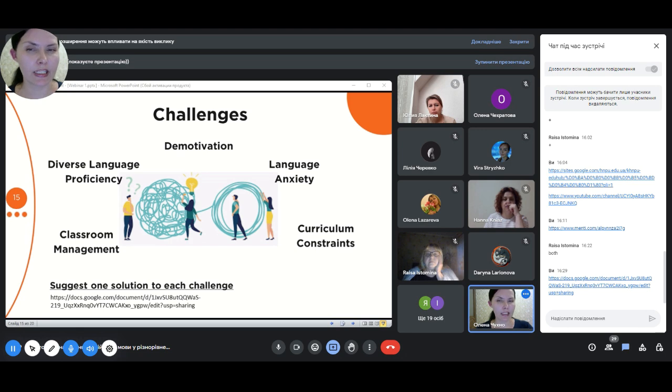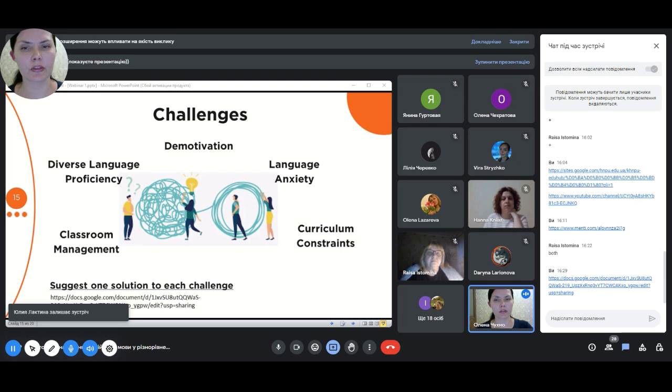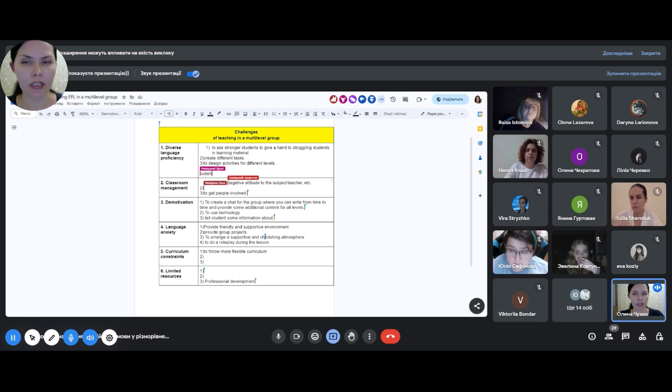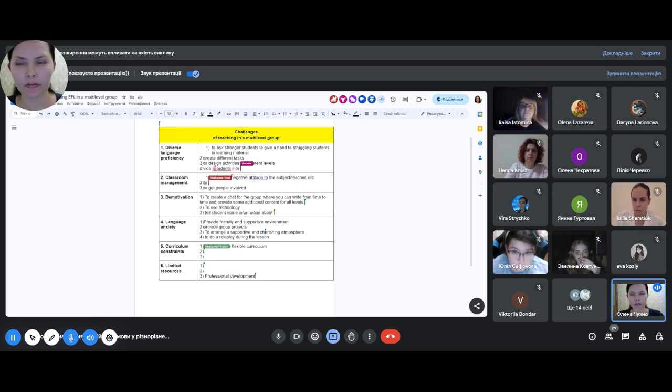What I would like you to do is to think of some solutions we can use when we deal with these challenges. The challenges are the same as in the presentation, and here we have three solutions, but you can continue the list. You have five minutes to think of at least one solution to every challenge. You can type in the document. It can be the fourth, the fifth solution.